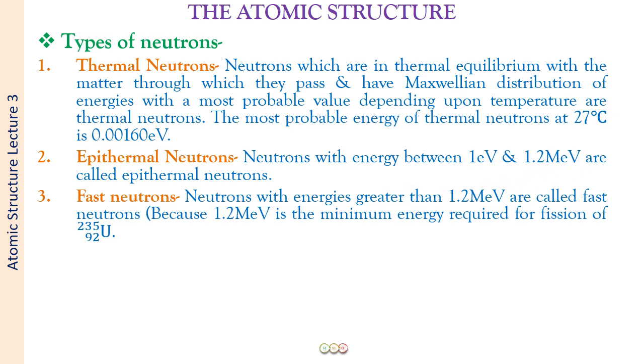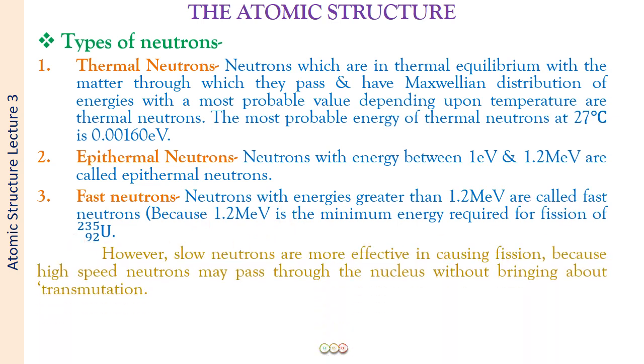And then fast moving neutrons have energy greater than 1.2 mega electron volt, and this is the minimum energy which is required for the fission of uranium. But please do remember that slow neutrons are more effective in causing fission, because the high speed neutrons may pass through the nucleus without bringing about the transmutation.